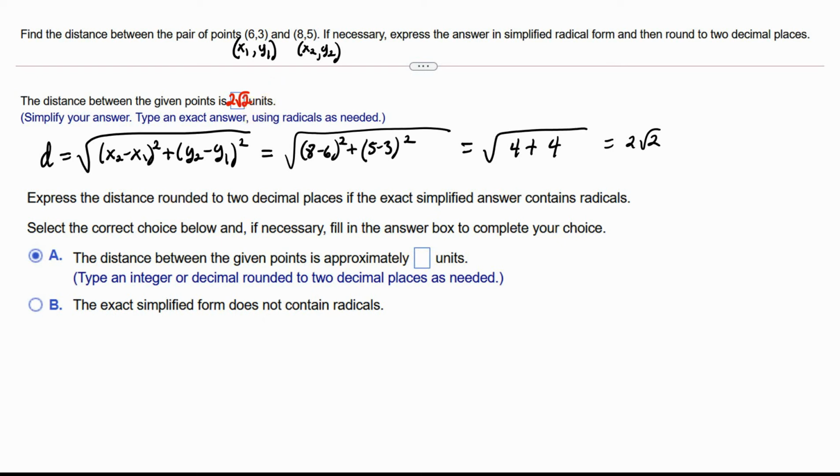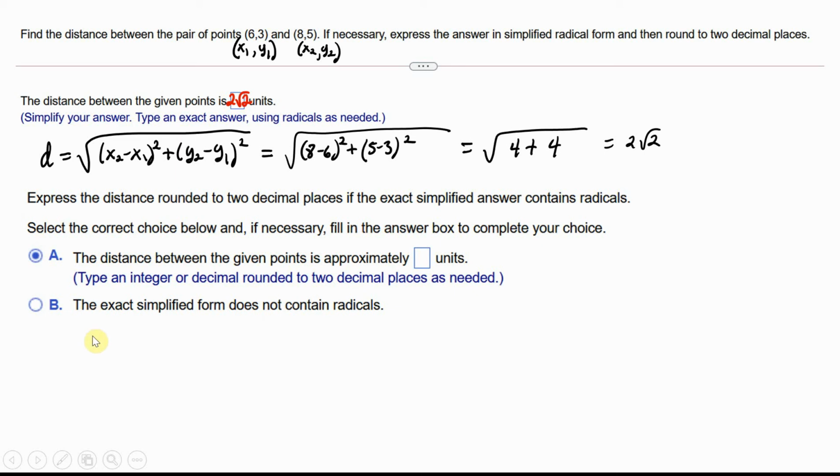And since this answer involves a radical, then we just use a calculator and get that number. I don't have a calculator up here. Well, in my math lab, you get that number just on your calculator, and it says to round that to 2 decimal places, and so you'll put that answer here.